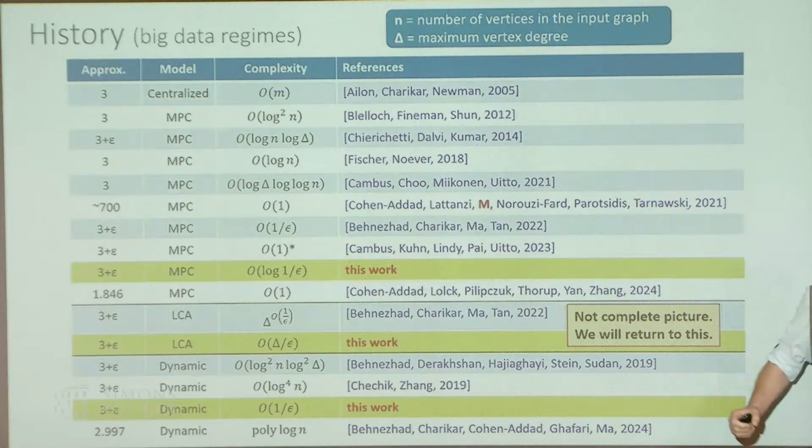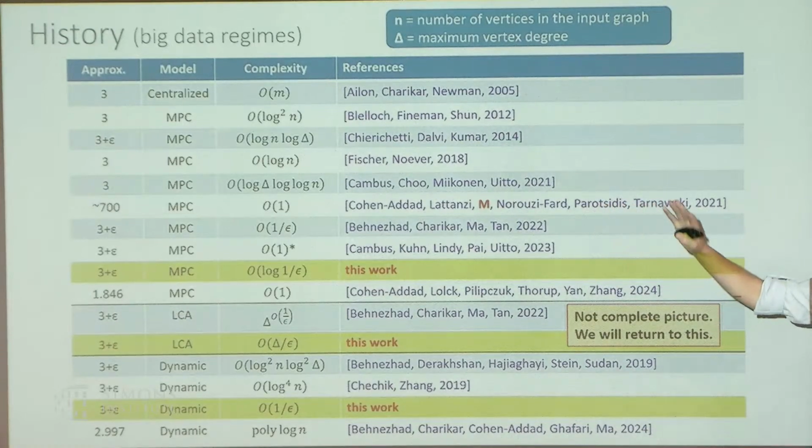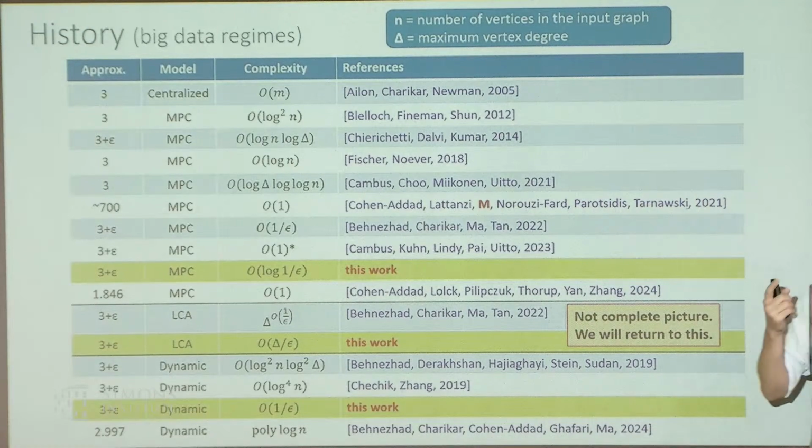What we care about in this talk is algorithms which are not only good in terms of approximation, but are also efficient in big data regimes, or at least what we like to connect to big data when we write papers and motivate our results.